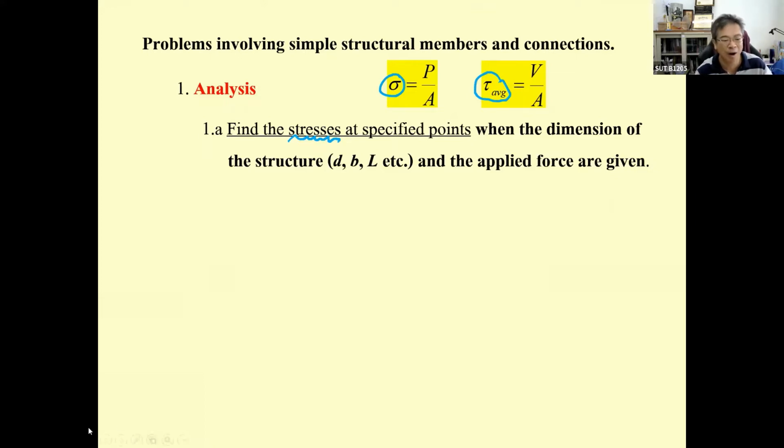When you know the cross-sectional area, the dimension of the structure and connection, and the applied forces, you use the free body diagram and the equations to determine the internal normal force and the shear force.